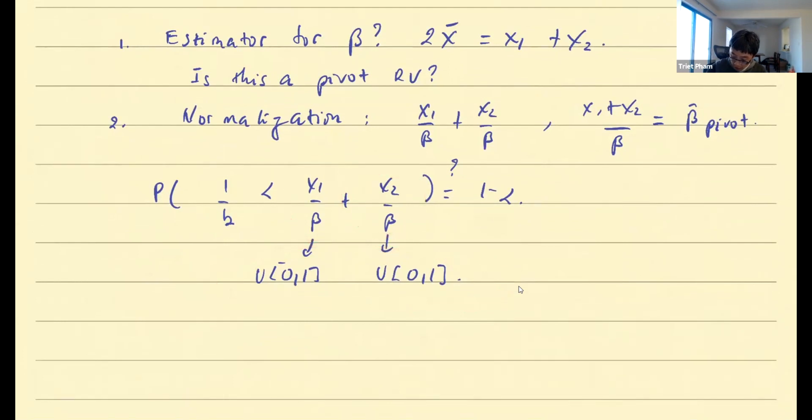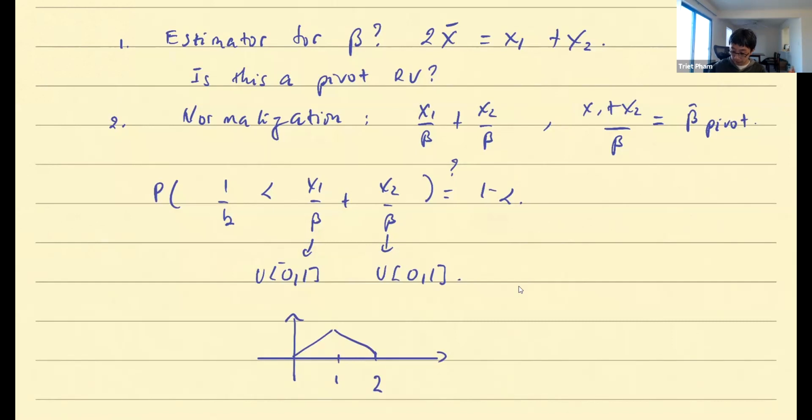It's going to be a triangle, or go back to the question: how do you sum two independent uniform 0, 1s? What do you get? You get a triangle from 0 to 2.